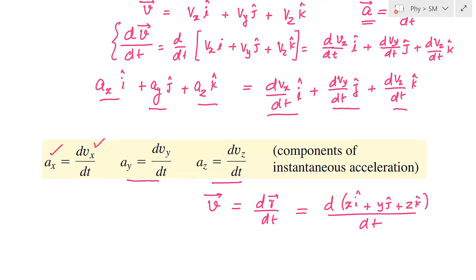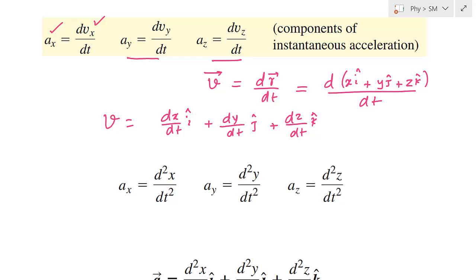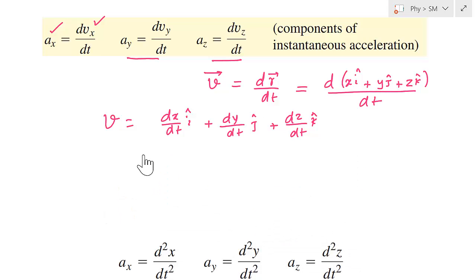So I can write velocity is equal to dx by dt i cap plus dy by dt j cap plus dz by dt k cap. So now I know the expression for velocity. So I can equate, because I can write v is equal to vx i plus vy j plus vz k, and then if I equate, I get vx is nothing but dx by dt, and vy is nothing but dy by dt, and vz is nothing but dz by dt.